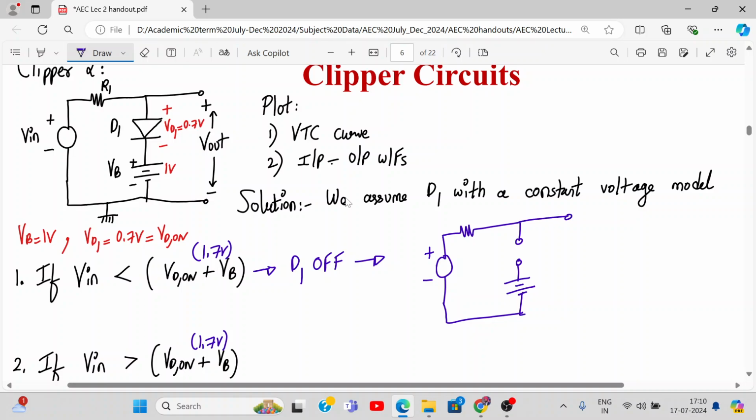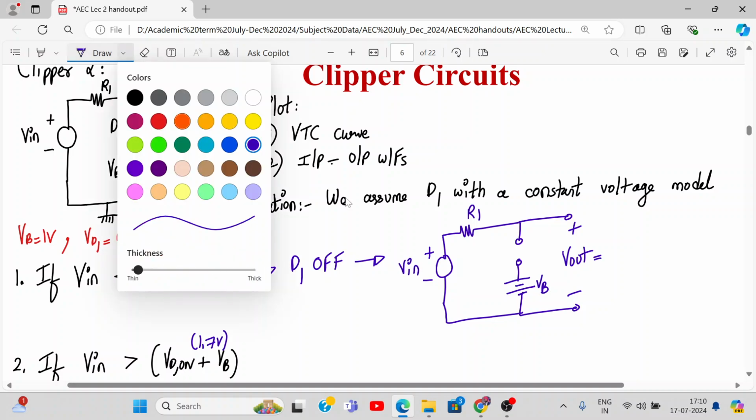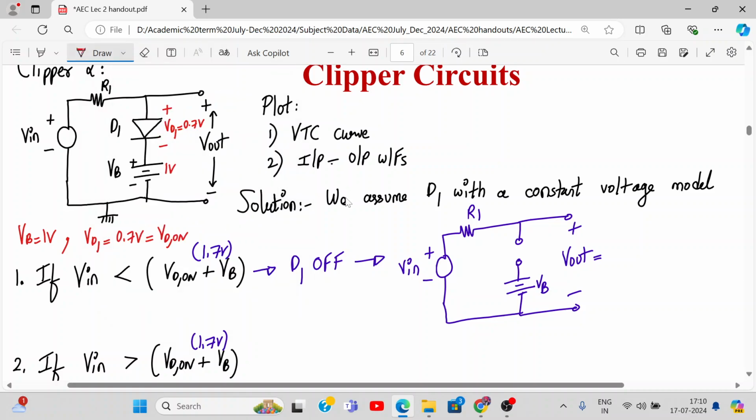Now tell me what will be the voltage over here. This is VB. This is R1. This is V in. What is the output voltage? Come on. This is an open circuit, right?